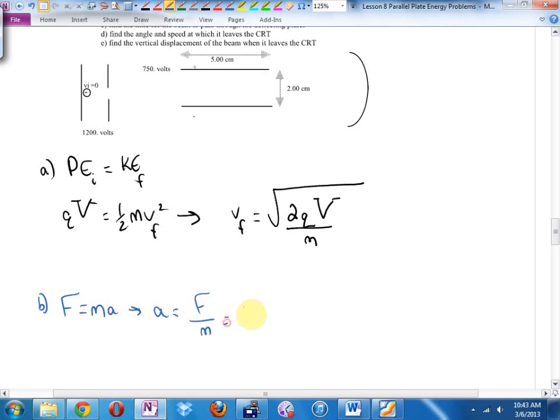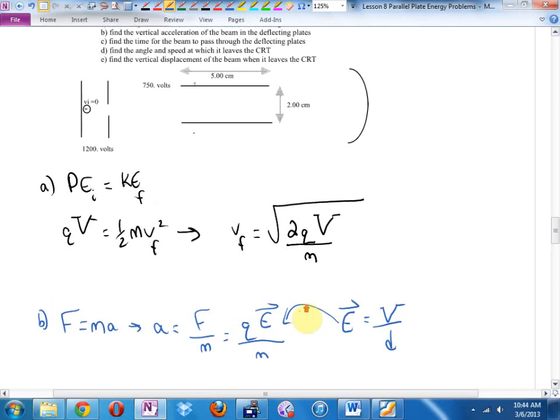We would say the force is equal to Q times the electric field, divided by the mass. I don't know the electric field. Aha! Between parallel plates, I do know the electric field. The electric field is equal to the voltage divided by how far apart the plates are. Plug that in there, and you can get the acceleration.